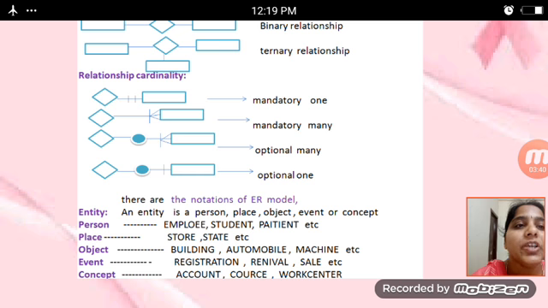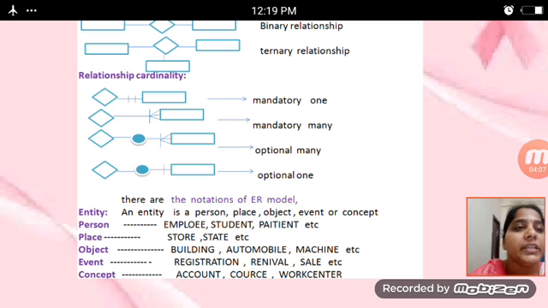And then the next one is optional many, indicated with a circle symbol, rhombus with a rectangle, with the circle in between and three indication lines, that is optional many. After that, the next one is the rhombus symbol and rectangle symbol with a circle in between, that is optional one. These we call the relationship cardinality.